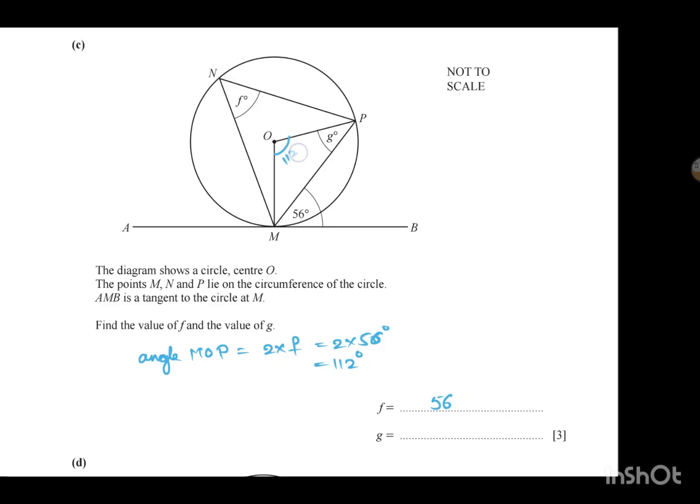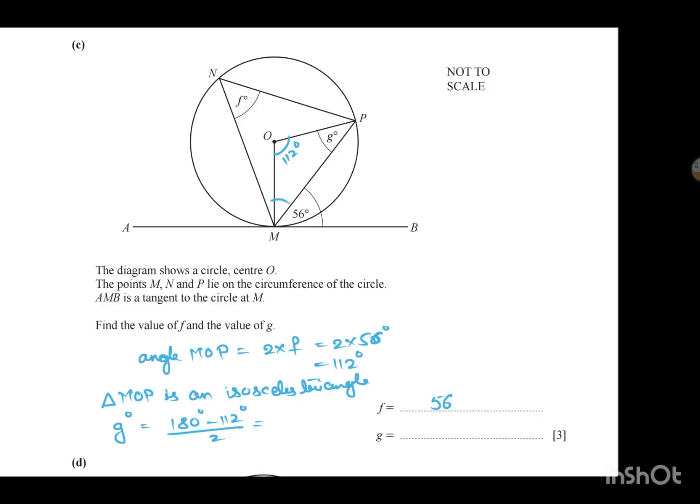This is 112. Now triangle MOP is an isosceles triangle. So now finding out G will be just subtraction, and G is equal to 180 minus 112 by 2. That means these two angles are equal, right?